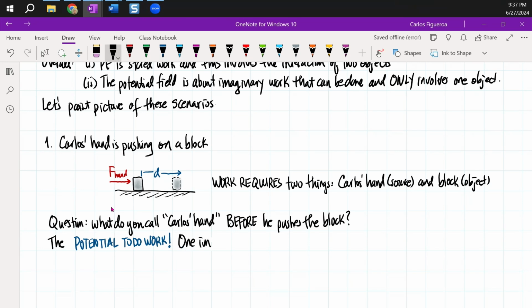One imagines the work that can be done, which is not actual work.